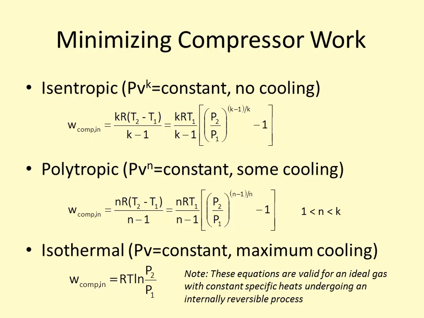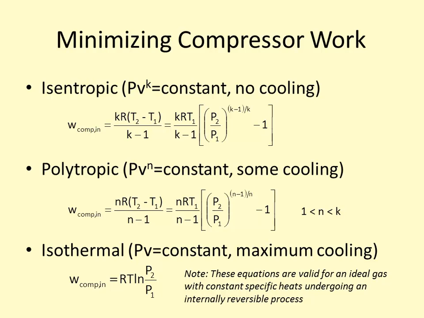If n is some value between 1 and k, then we can just substitute in n. And this looks identical to the equation above. The difference is that we now have this n value, which is somewhere in between 1 and k, to calculate that equation. And then the isothermal case, where we have maximum cooling, is RT natural log of P2 over P1.